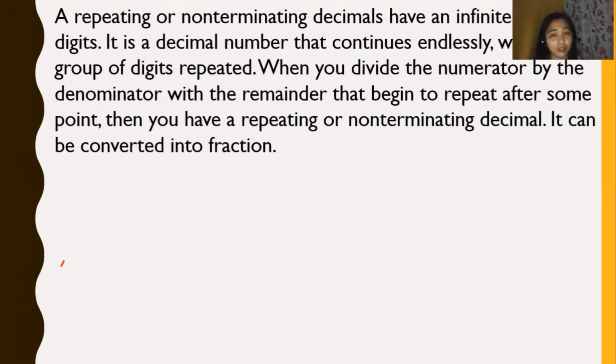It can be converted into fraction. Pag sinabi natin repeating and non-terminating, ibig sabihin from the word repeat, nag-uulit ang digit. Nag-uulit ang digit and then hindi siya natatapos, non-terminating. It has an infinite number of digits. Napakadami ang digits.